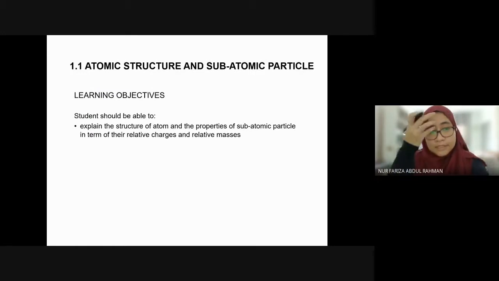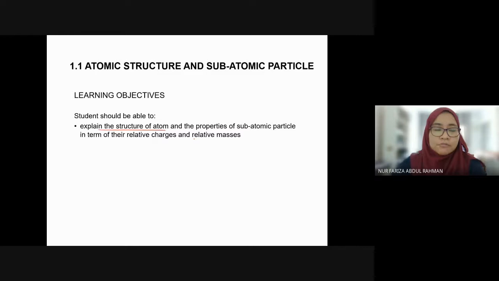Subtopic 1.1, atomic structure and subatomic particles. We have one learning objective for this subtopic, which is to make sure that you are able to explain the structure of atom and the properties of subatomic particles in terms of their relative charges and relative masses. For your information, every subtopic will have its own learning objective.